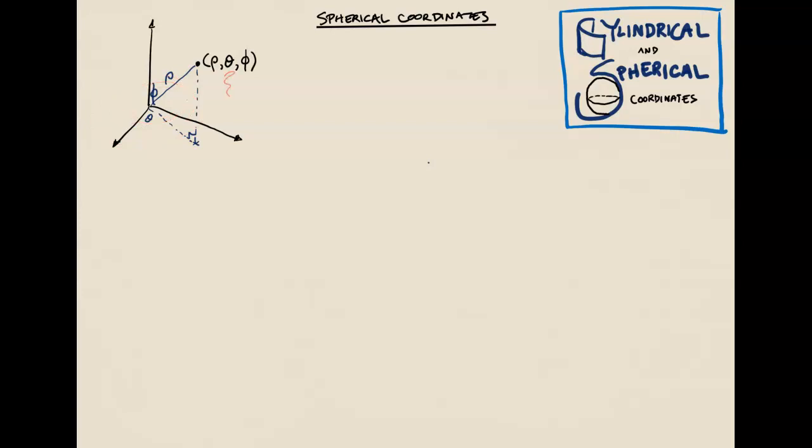There's also another way of thinking about theta that's sometimes useful, and this works with cylindrical coordinates as well. Instead of thinking about it as this angle down in the plane, we could think about the plane that's determined by the z-axis and our given point. That would be the plane that this triangle lies in. And to make this clearer, I'm going to draw in one more line in that plane. This one.